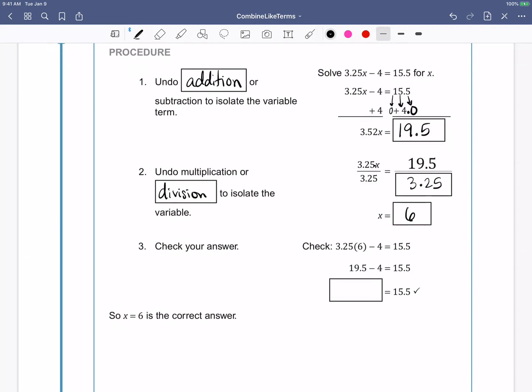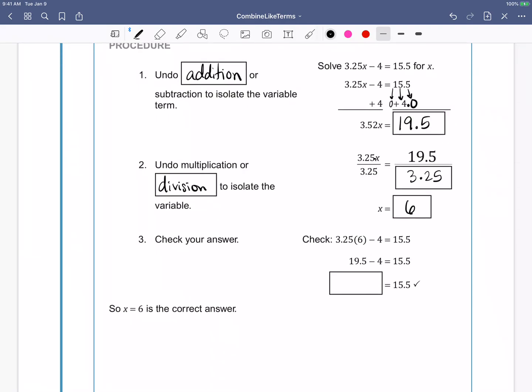Okay, now I check my answer. 3.25 times 6 is going to be 19.5 minus 4. So if I were to write it out, 19.5 minus 4, now remember that's 4.0. Nothing happens with that 5. 9 minus 4 is going to be 5. And it's going to check out, right? And it's going to equal 15.5. Okay?